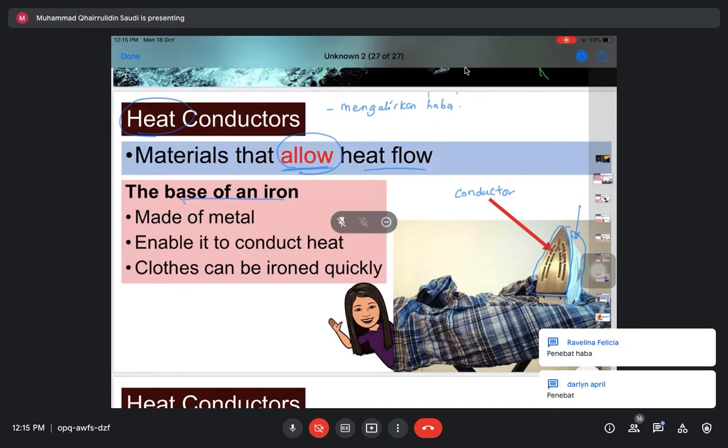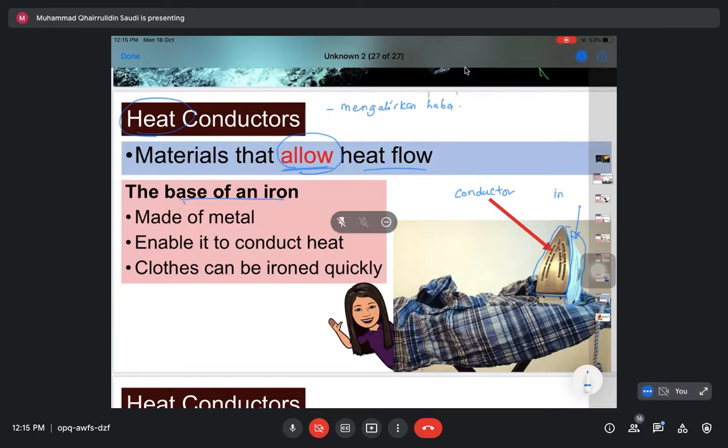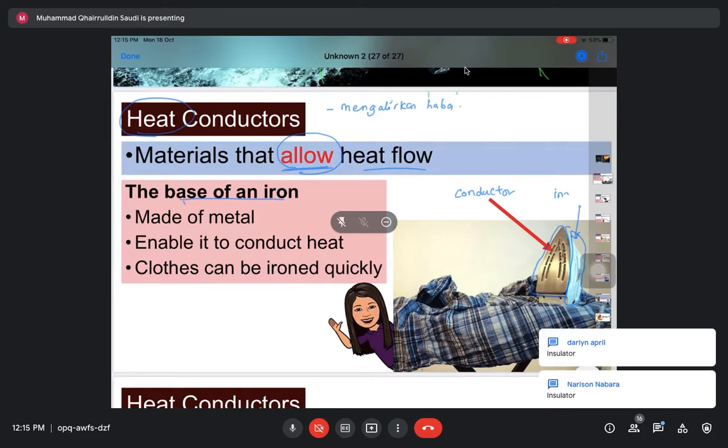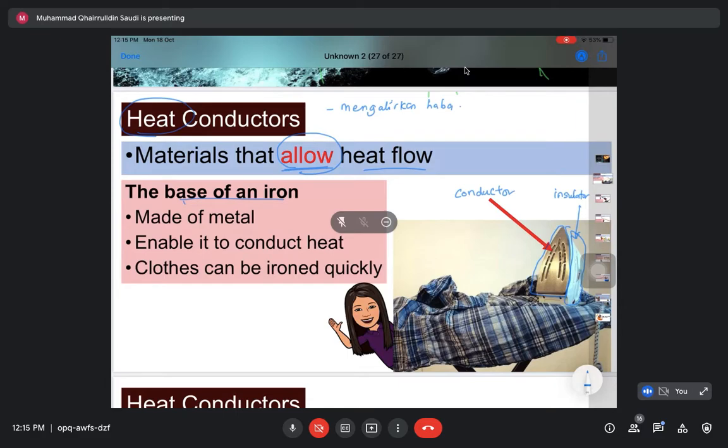Good. Penebat in English we call insulator. So even though it is one object, it can have two different materials. They can have more than one material. Boleh jadi dalam satu objek ada conductor, ada insulator.